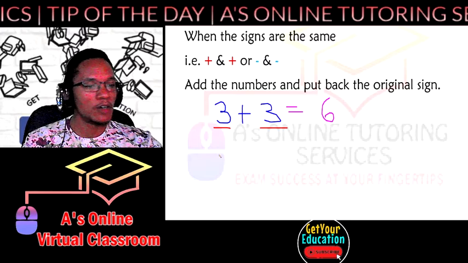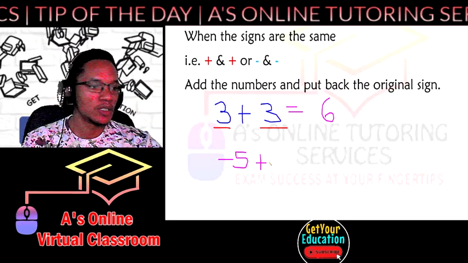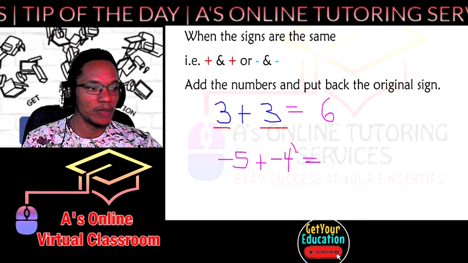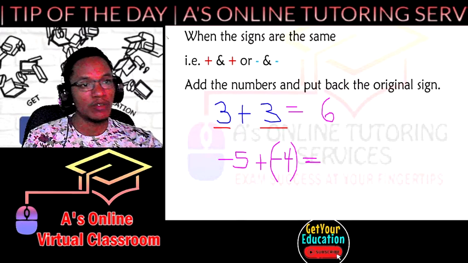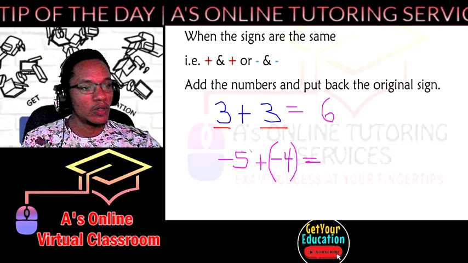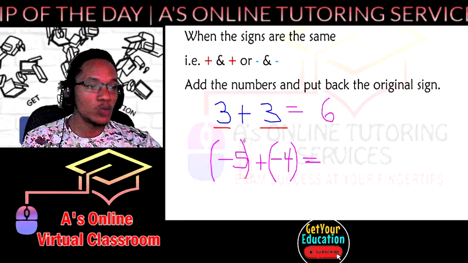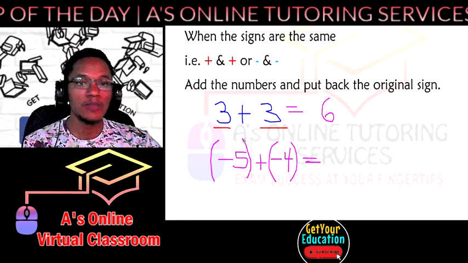If we have, say, negative 5 plus negative 4, many times you'll see negative numbers put in brackets, especially after an addition sign. So here we have two integers, a negative 5 and a negative 4, with the same signs.